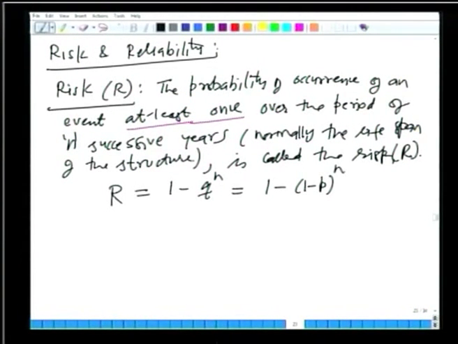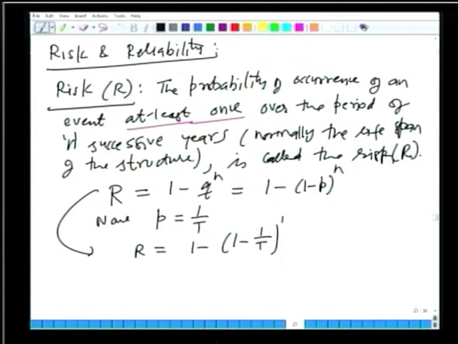So, it is 1 minus p to the power n. Now, what is p? In terms of return period, as we have seen, the reciprocal of p is nothing but the return period. So, p is going to be 1 by T. So, if we use this expression, then you will have R equal to 1 minus 1 over T, raised to the power n.